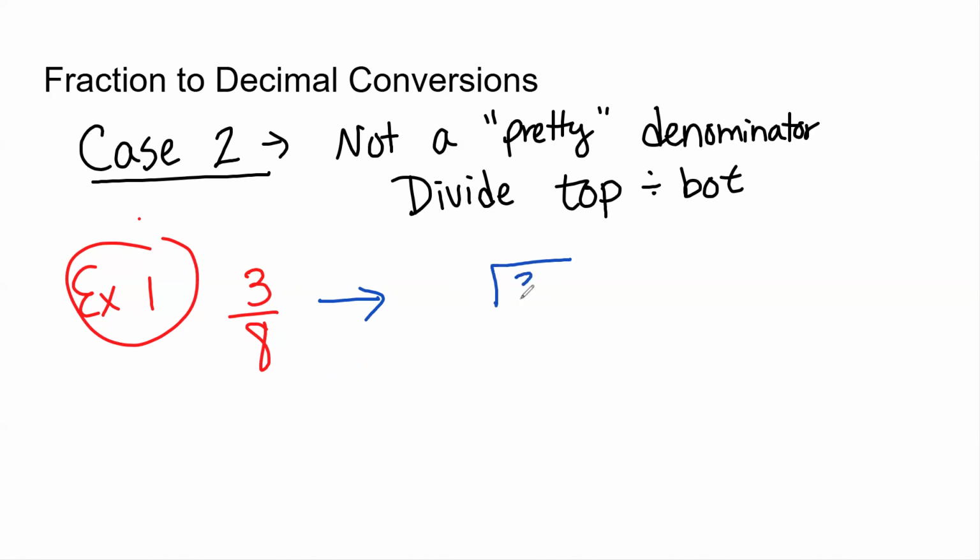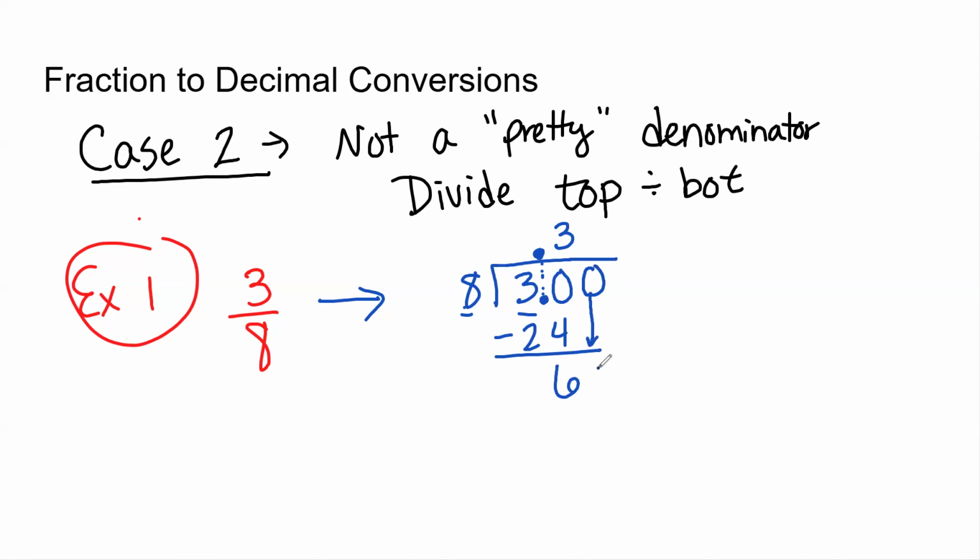So you're going to do the top divided by the bottom. And you might say, well, wait, 8 doesn't go into 3. No, it doesn't. So what you're going to do is give that inside a decimal and a 0. Carry the decimal straight up. Now, how many times does 8 go into 30? That goes 3 times. 8 times 3 is 24. Subtract, that's 6. And then what you're going to do is just keep adding zeros.